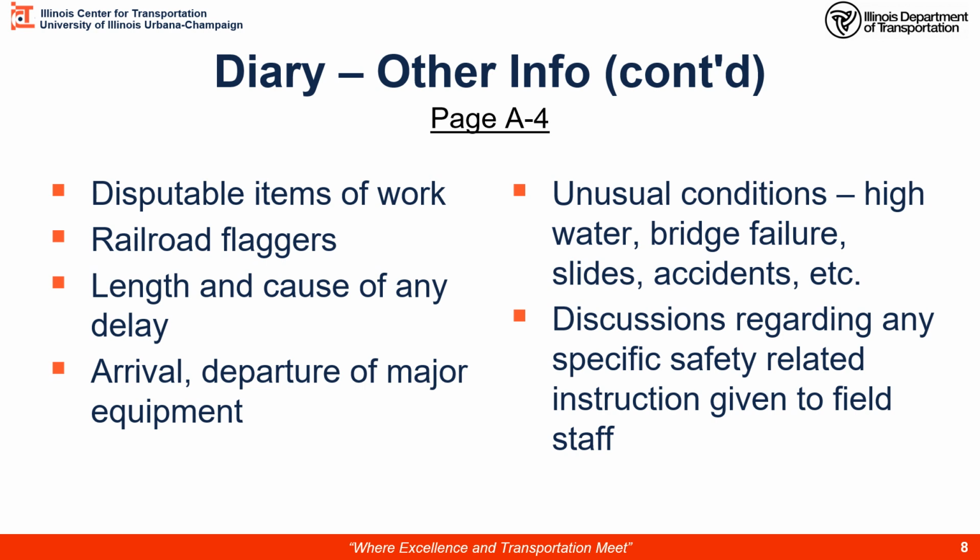Other information required in the diary: disputable items of work. Whenever you have railroad flaggers on your contract, you must note that in the diary each day they are present on site. Any delays, the length and cause of those delays, arrival and departure of major equipment such as milling machines, cranes, other large pieces of equipment, any unusual conditions on the job site, specifically if they could be a hindrance to safety or to stopping progress on the contract in the construction.